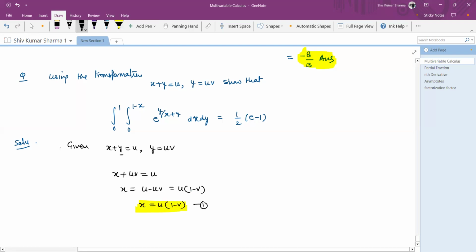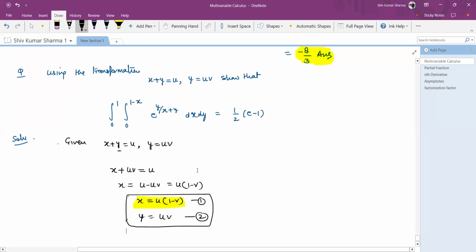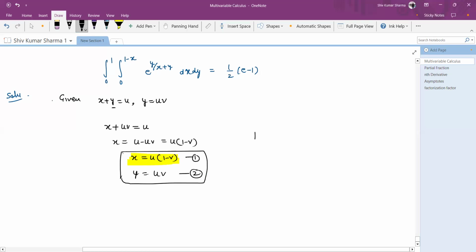And y is obviously given in the form of uv. So we use these two. Now we obtain the Jacobian, the Jacobian of xy upon uv. So this gives us del x upon del u, del x upon del v, del y upon del u, del y upon del v.